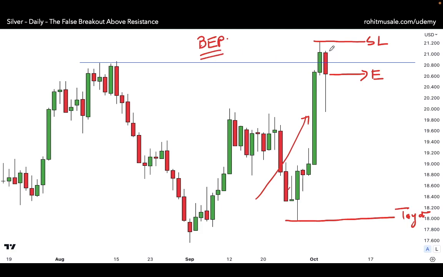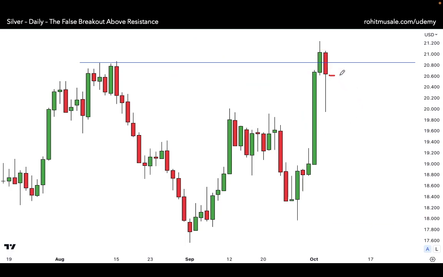Now, if the same pattern appears after a downtrend somewhere here, then it is called a last engulfing bottom, which I will discuss in some other video. Okay, so that's your entry, that's your stop loss, because the high of that pattern becomes resistance, and that's your target.